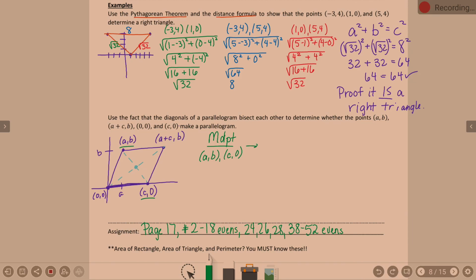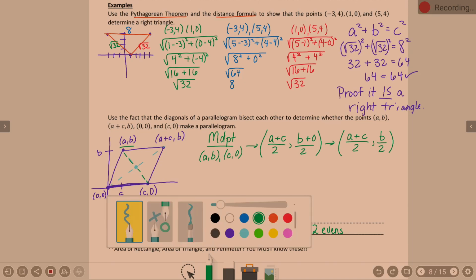Adding the x's: (a plus c) over 2. Adding the y's: (b plus 0) over 2, and b plus 0 is b. So this is ((a plus c) over 2, b over 2), the midpoint from (a, b) to (c, 0).